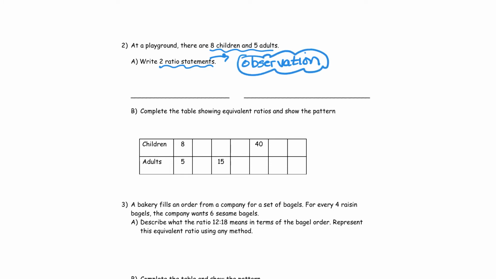Okay? So we can keep this very simple. 8 children, 5 adults. So we could say for the first one, I'm going to keep it simple. For every 8 children, you should be copying, for every 8 children, there are what? Yep, 5 adults.